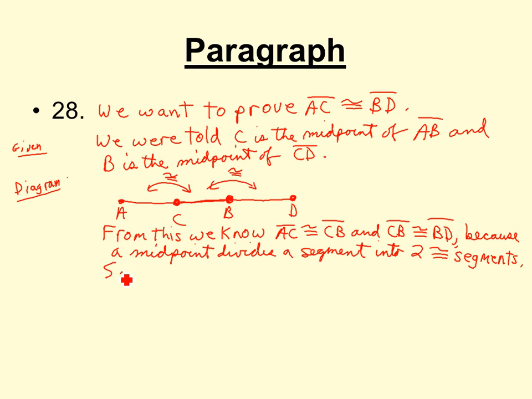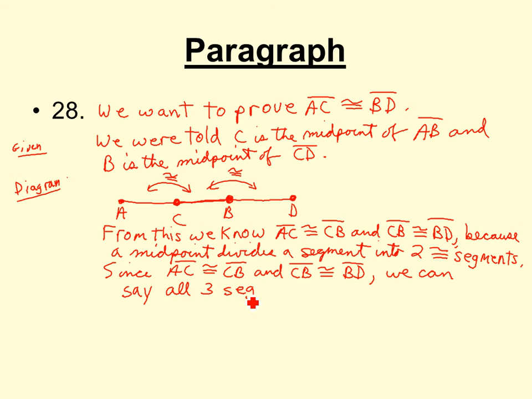Then I'm going to write this: since segment AC is congruent to segment CB and segment CB is congruent to segment BD, we can say all three segments are congruent.